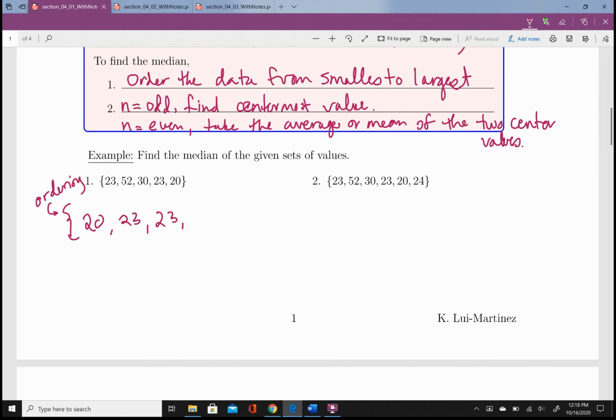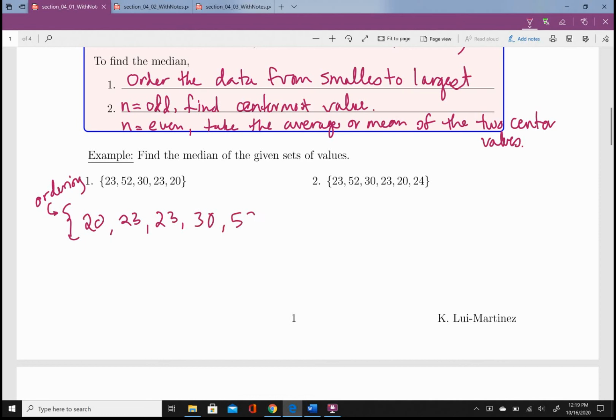This is data, so it's not like in other set situations in which we were instructed to not display repeats. You definitely want to display repeats here. We have a special word associated with the most amount of repeats. That's the mode coming up here. So 20, 23, 23, 30, and then 52.